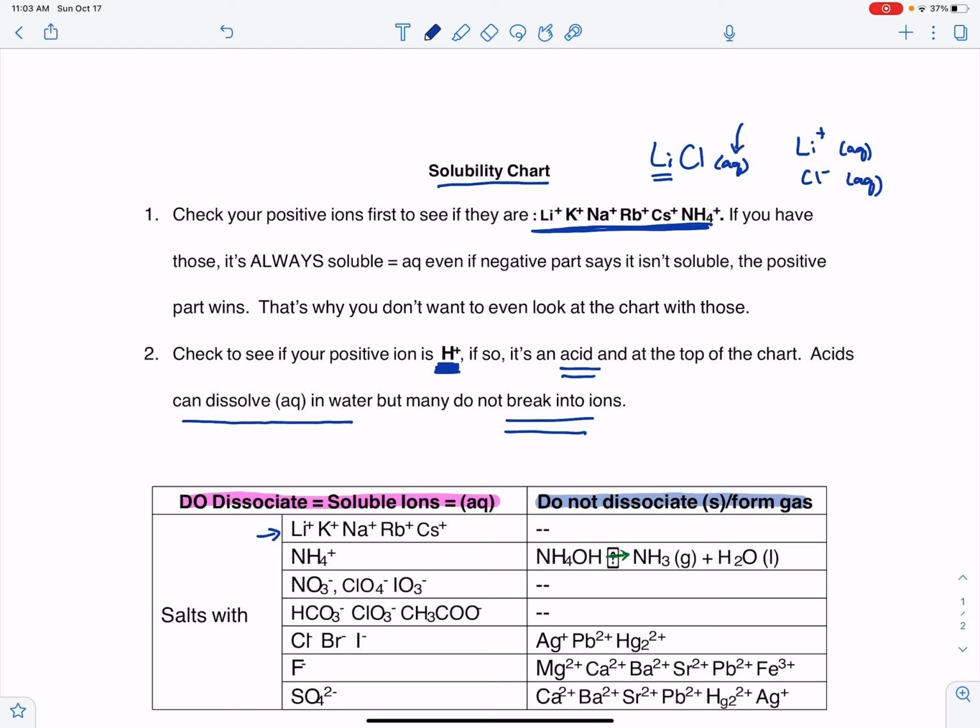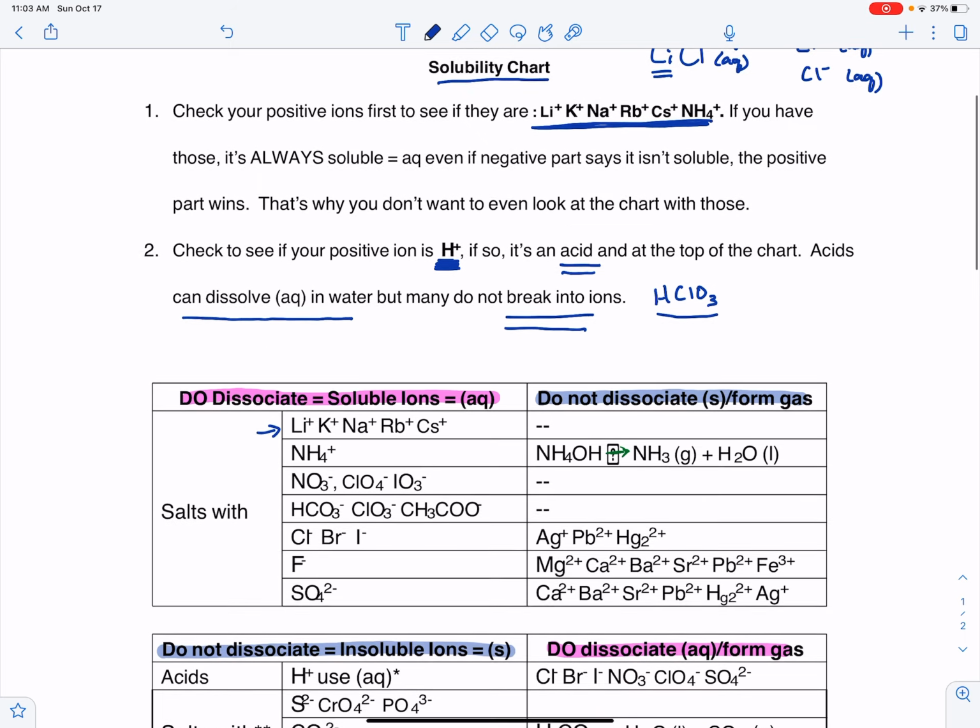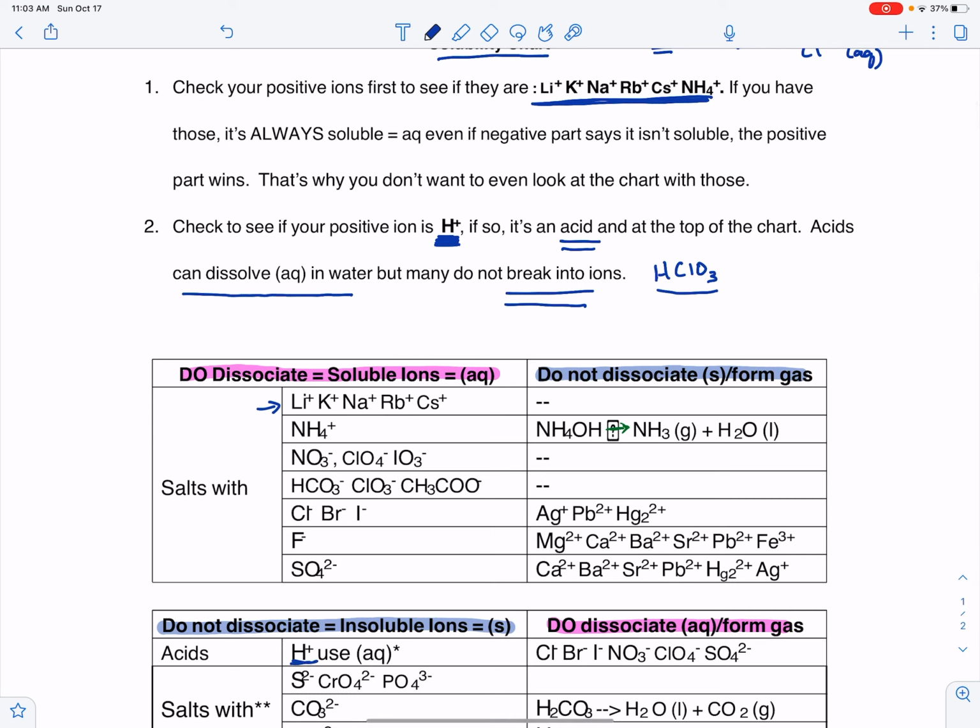And that works perfectly for salts, but it doesn't work when you have H's in there. So if you have something like HClO3, this is something right here, H, and notice it's not one of these exceptions. So it's something that will not break apart, but we still write an AQ with it. So it's kind of weird about the acids.